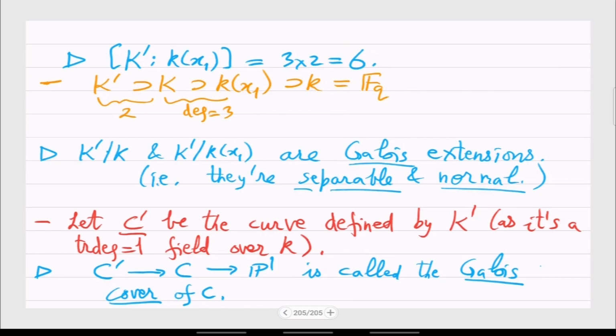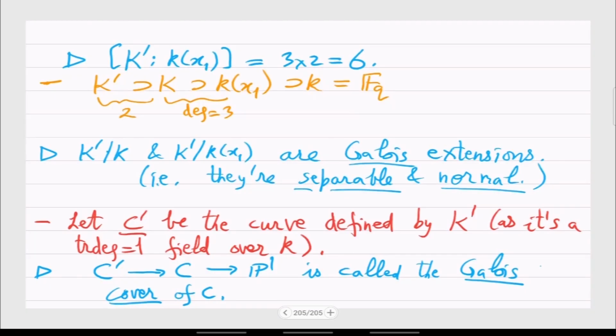Now C prime has 2 points mapping to the same point in C. Not exactly, though: we are not in the algebraic closure, we are in k equal to Fq.